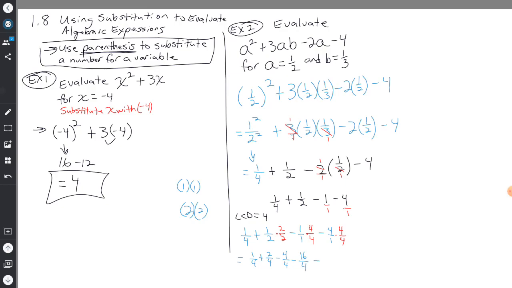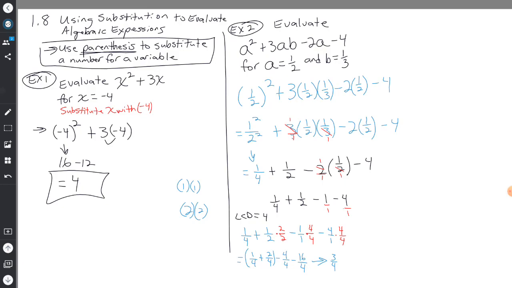So now we have everything with our LCD, and we just add and subtract the tops, from left to right. So 1 plus 1. Let's just take it like this here. 1 plus 1 is going to give us 3 over 4.